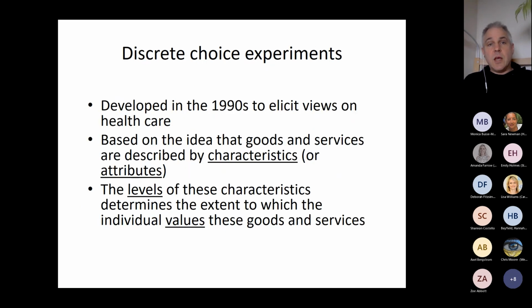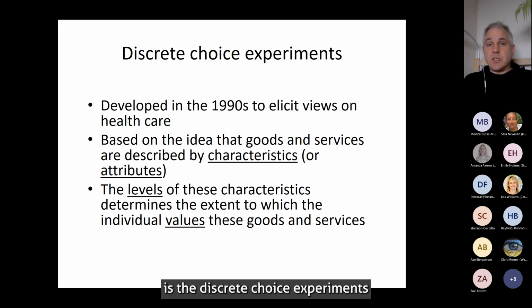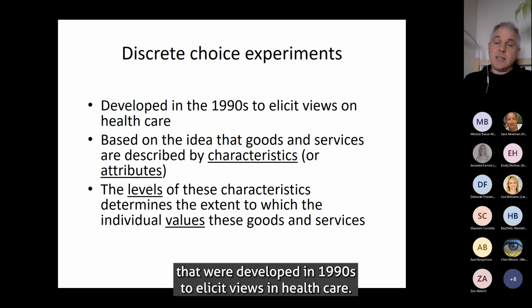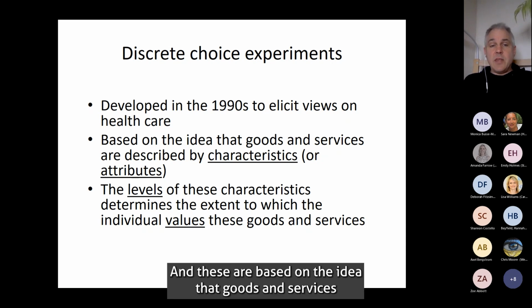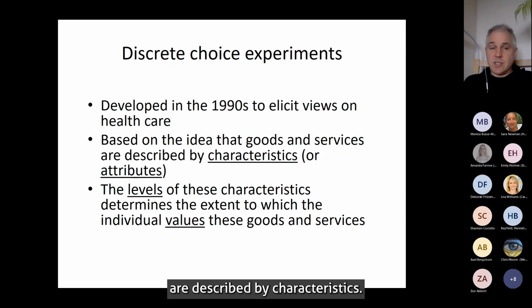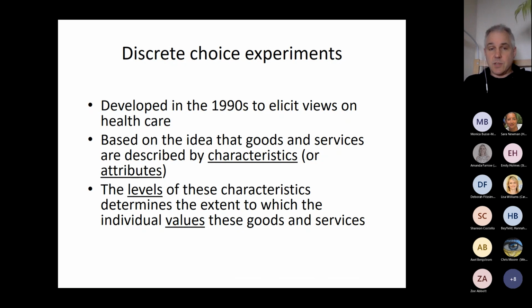One approach is the discrete choice experiments that were developed in the 1990s to elicit views in healthcare. And these are based on the idea that goods and services are described by characteristics. So we refer to these as attributes.